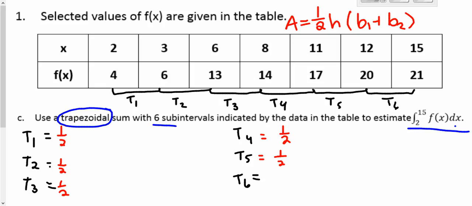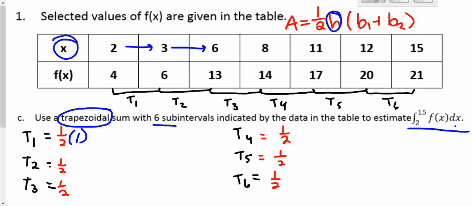Then the height. This is actually what we refer to as the base when we're finding our rectangle areas. So the height comes from our x values. If we went from 2 to 3, that's a 1. So the height of our first trapezoid is 1.